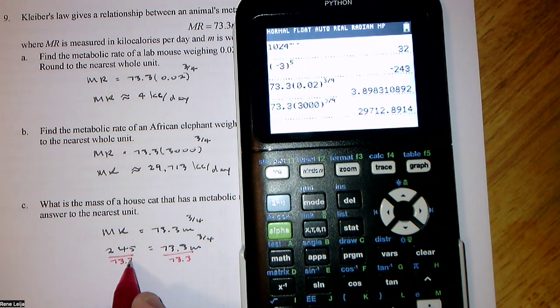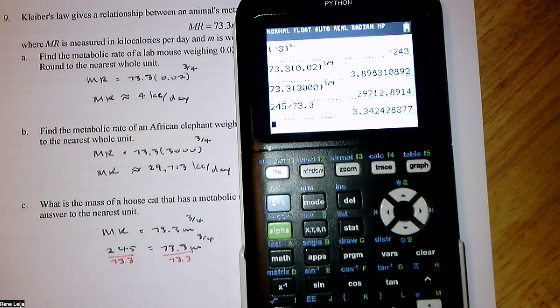Now, 245 divided by 73.3 is an ugly decimal, and we're not going to mess with that. We're going to leave it just as it is. So we're going to take 245 divided by 73.3 equals M to the 3/4 power.